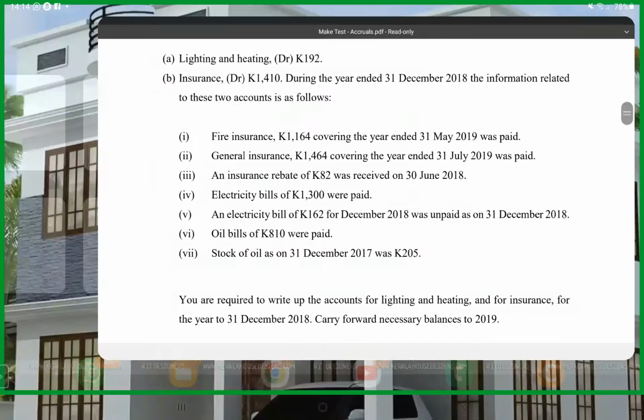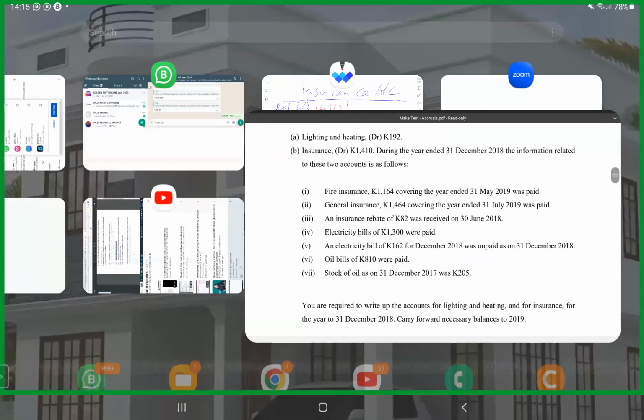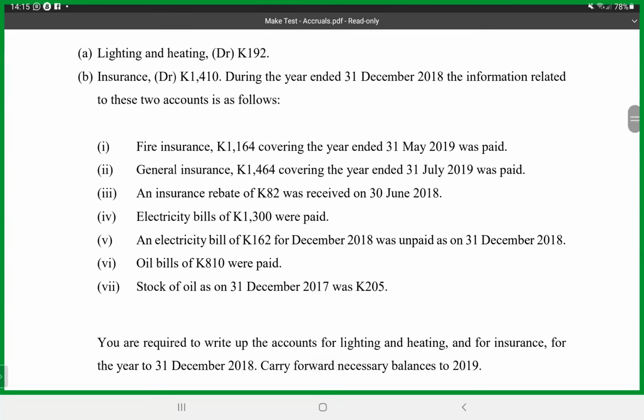So we see that there was an expense, fire insurance, of 1164. That was covering the year that ended the other year.